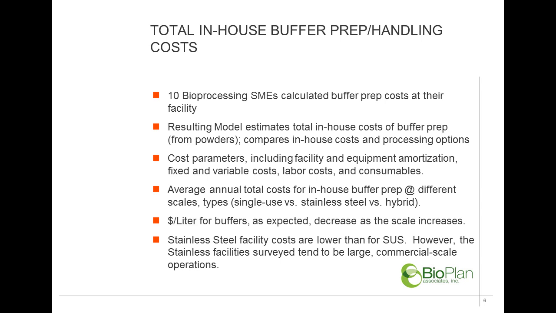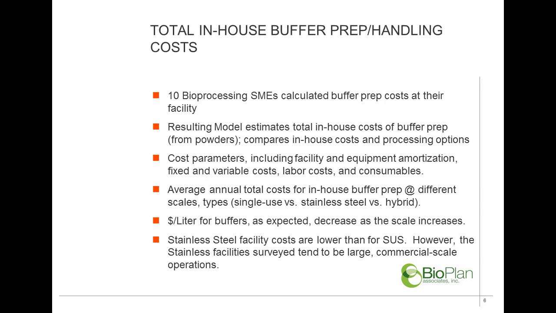In addition, the average annual total costs for in-house buffer prep at various sizes and scales, and at various types, single-use versus stainless steel, we believe we have a relatively accurate analysis of how those costs lay out. We also were able to prepare a dollar per liter expense for buffers. As expected, this decreases as scale increases.